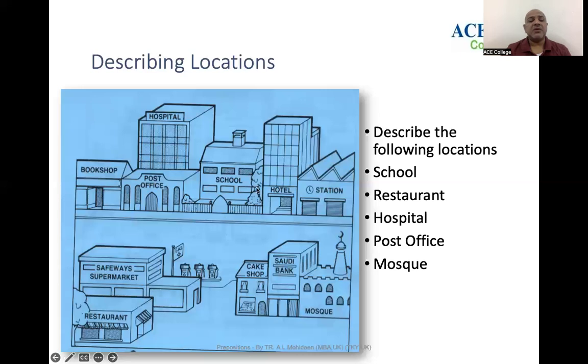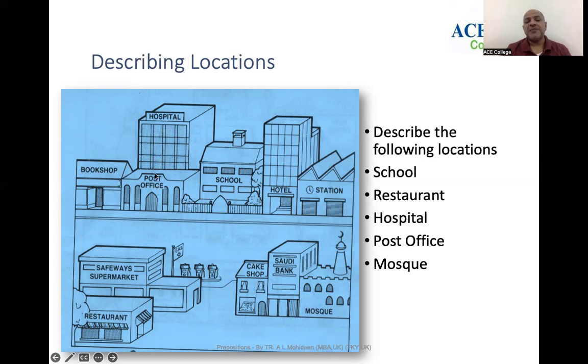For example, now I can say school. There is a school between the hotel and the hospital. Okay, now the hotel, there is a hotel between the school and the station. Station, there is a station near the hotel. Okay, so now we can say post office. There is a post office in front of the hospital.